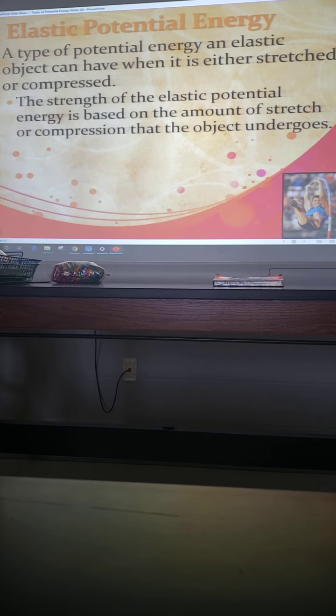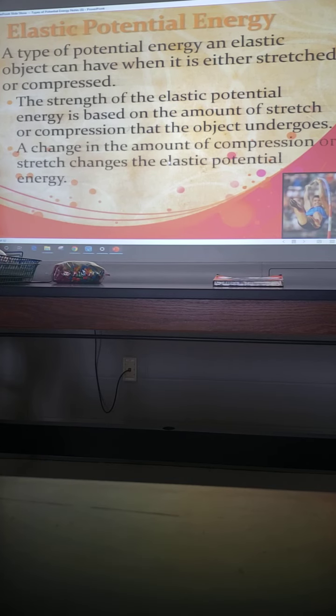Good, so you already know what those things are. Keep that in mind as you think of these objects. If you change the amount that you squish or press something together, that can change the elastic potential. If you change the amount that you stretch something, that can change it too. So it can happen in both directions, whether you're compressing it or stretching it.